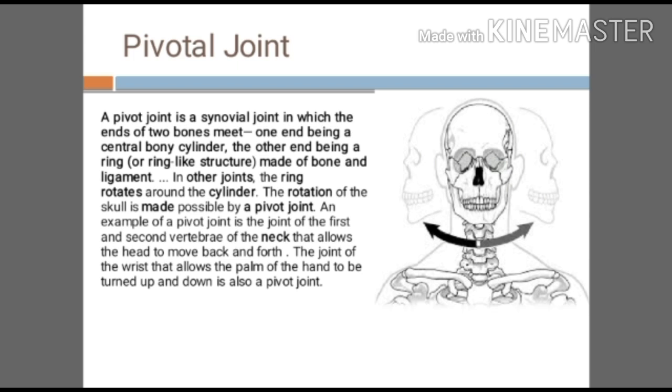The rotation of the skull is made possible by a pivotal joint. An example of a pivotal joint is the joint of the first and second vertebra of the neck that allows the head to move back and front. The joint of the wrist that allows the palm of the hand to turn up and turn down is also a pivotal joint.